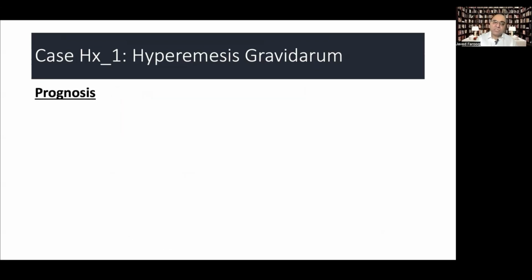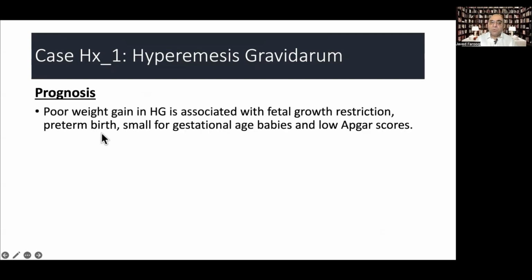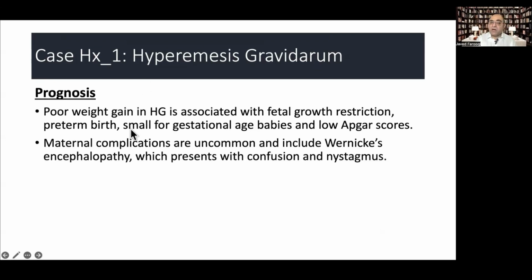Prognosis. What's the prognosis in this condition? Poor weight gain in hyperemesis gravidarum is associated with fetal growth restriction, preterm birth, small for gestational age babies, and low Apgar scores. Maternal complications are uncommon and include Wernicke encephalopathy, which presents with confusion and nystagmus.